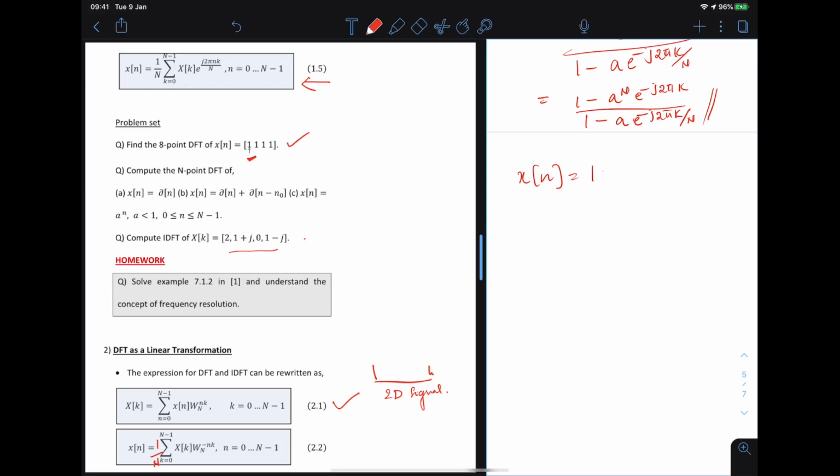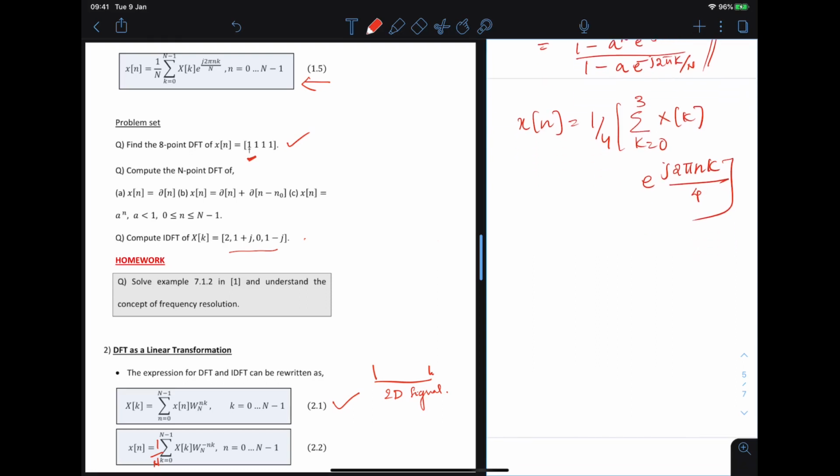In our case, it will be 1 by 4 into summation k equal to 0 to N minus 1, which is going to be 3, x of k e raised to j 2 pi nk by N, where N is going to be 4.